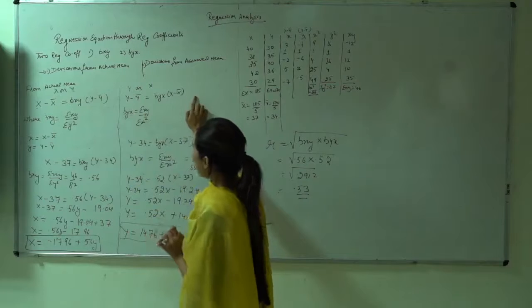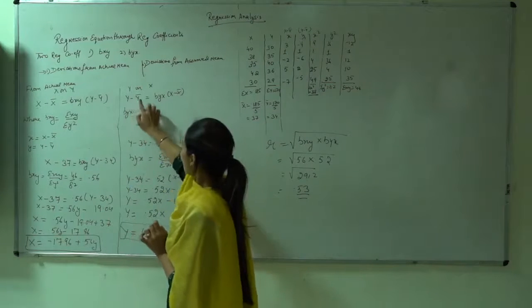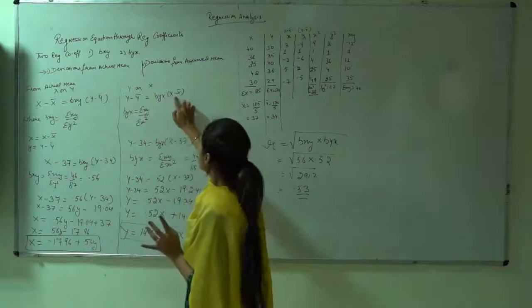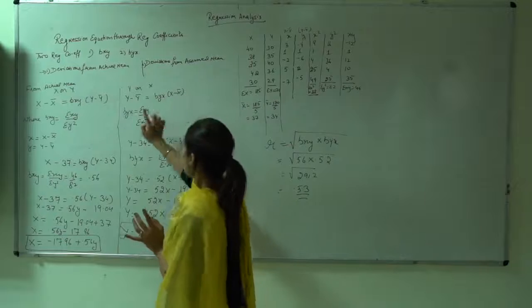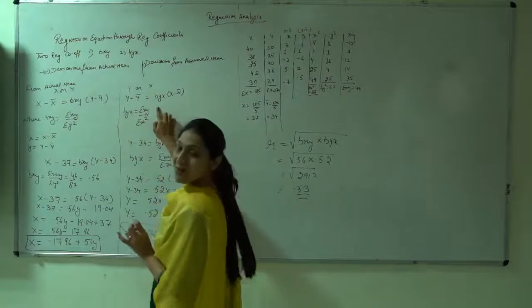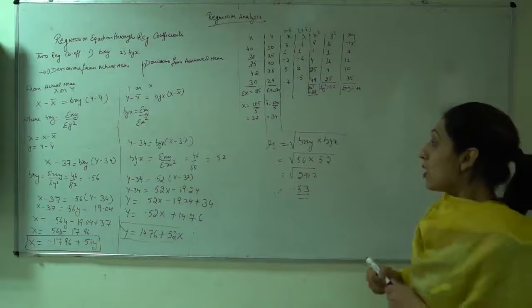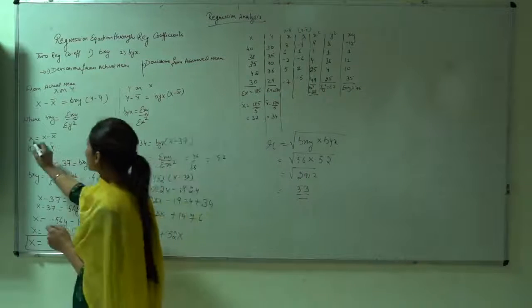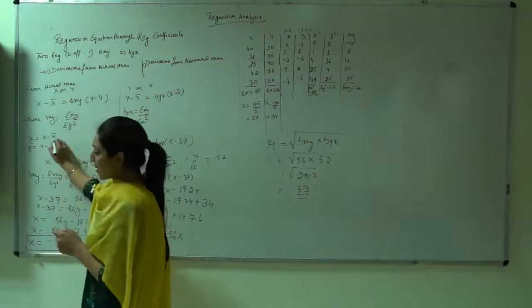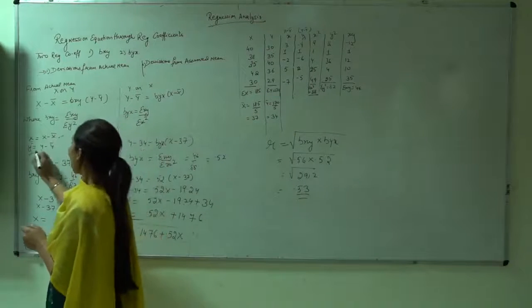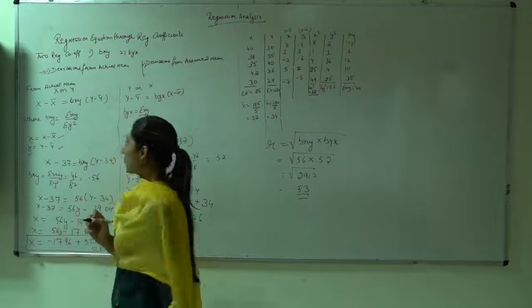In case of y on x, the equation is y minus y bar is equal to byx into x minus x bar, where byx is equal to summation xy upon summation x square. Here small x means x minus x bar, which is the actual mean, and small y is equal to y minus y bar.